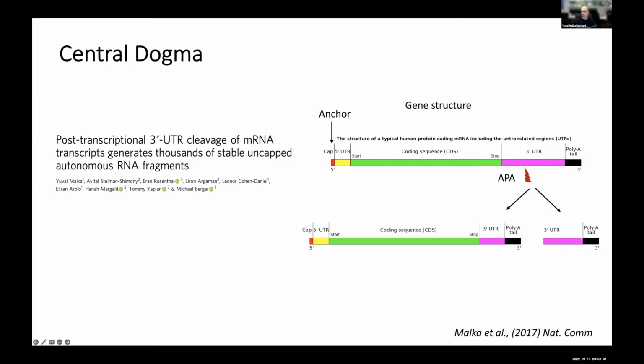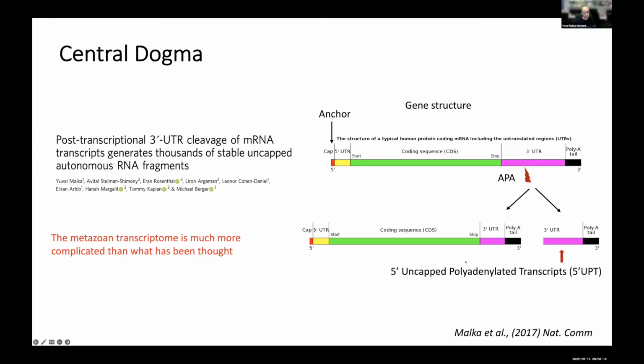And these fragments that were mistakenly considered to be a part of the 3' UTR are in fact autonomous RNA fragments. From this point on, I will call this fragment a 5' uncapped polyadenylated transcript, or in short, 5' UPT. One of the insights that I had following that study was that the metazoan transcriptome is much more complicated than has been thought.